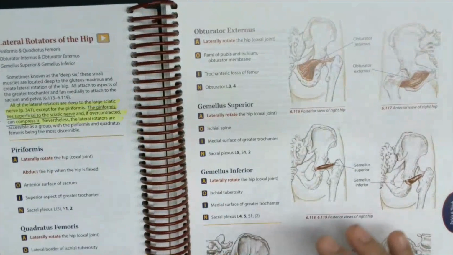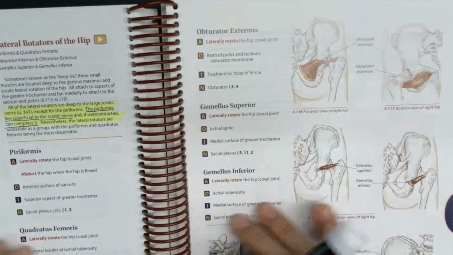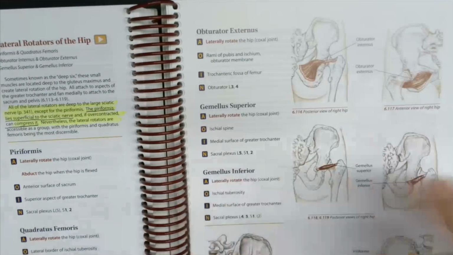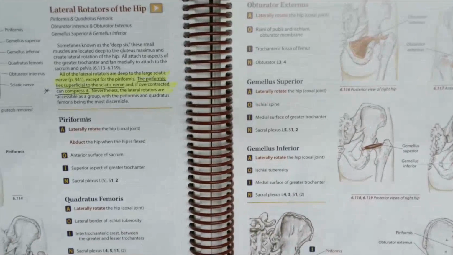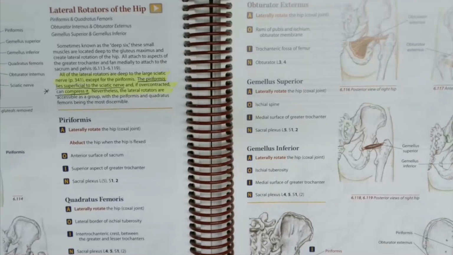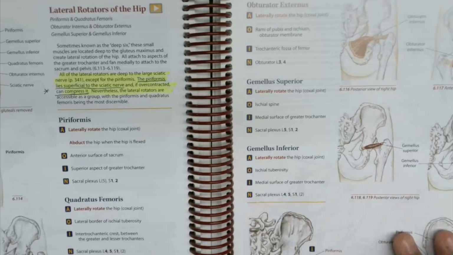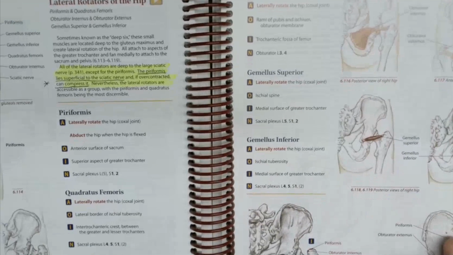So commonly we call these the rotators of the hip, or the deep six, as we often refer to them, as they're ganged up together, and pretty much they're all responsible for various rotational movements of the hip itself.